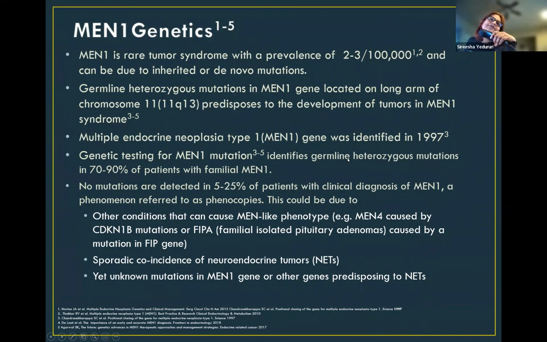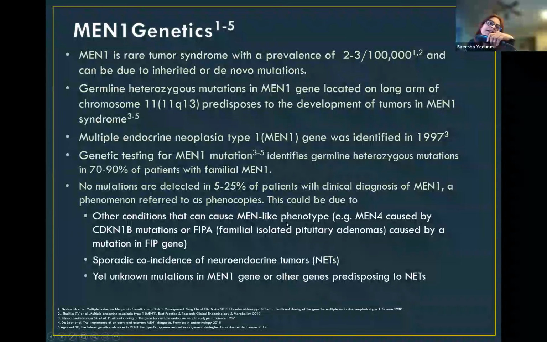Genetic testing identifies these mutations in about 70 to 90%. And there are still patients who present with findings of MEN1 syndrome in whom no mutations are detected. That's a phenomenon with a name, phenocopies, but it could be due to some similar mutations that are not yet identified.